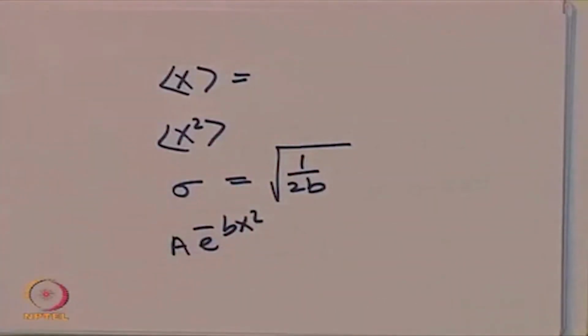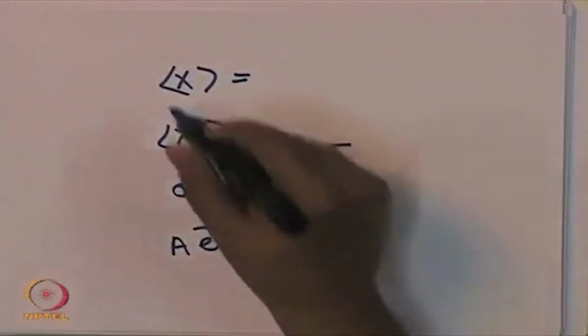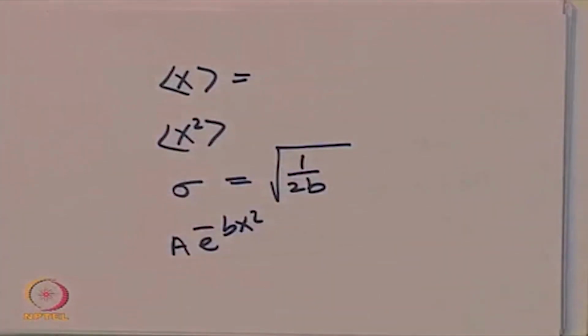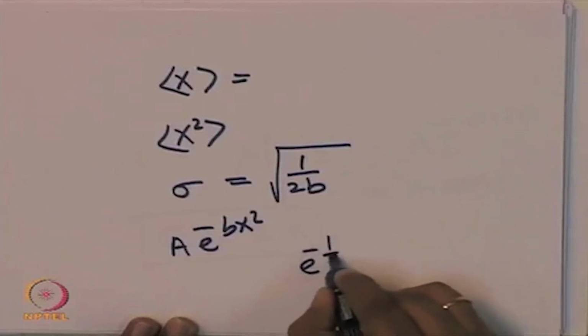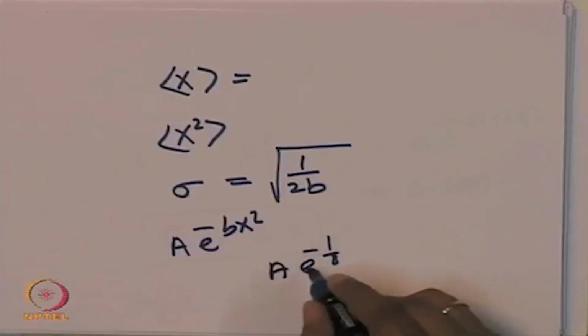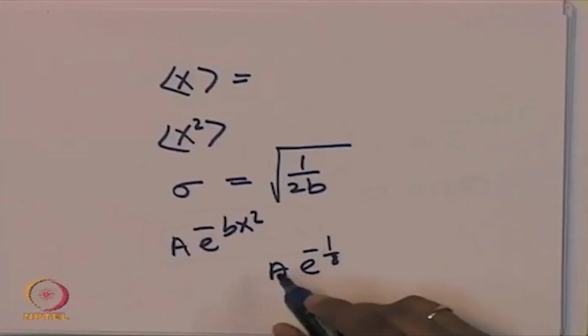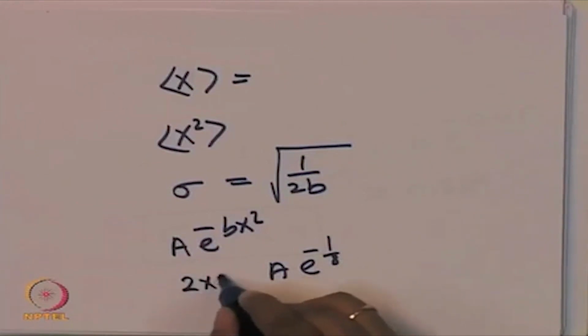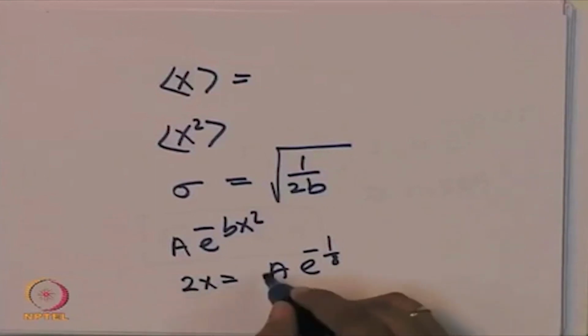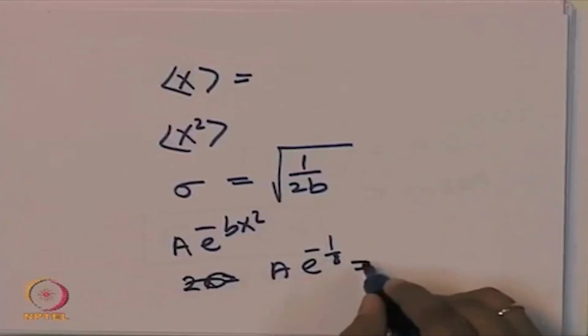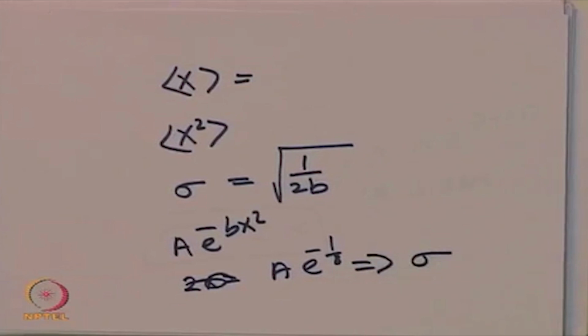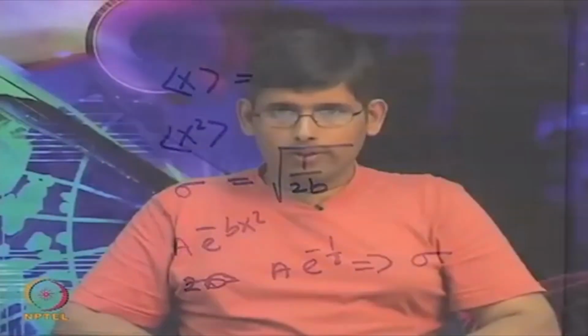We found that the peak is x average, and the width at e power minus 1 by 8 times the peak maximum value will give you the standard deviation. So, we learned many things about the normal distribution.